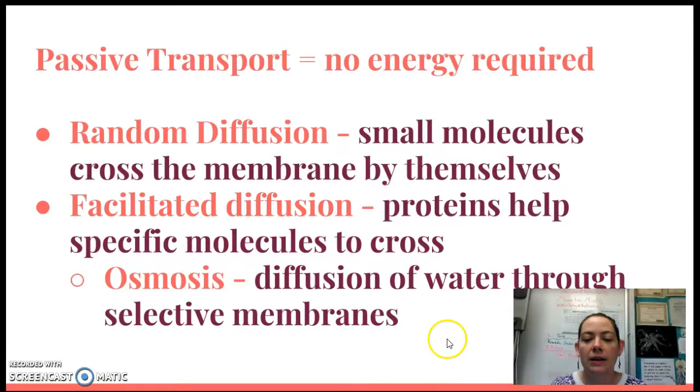So when water can go through a membrane and salt can't, it sets up a special circumstance where if there's more salt outside of the cell than inside, water is going to tend to go outside of the cell, kind of spreading out that other salt. So osmosis is diffusion of water. All of these are mechanisms of passive transport, which does not require energy.